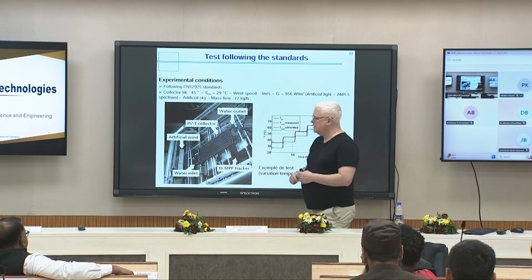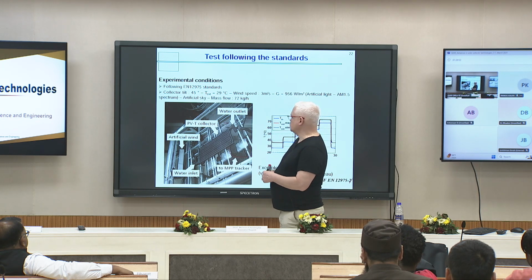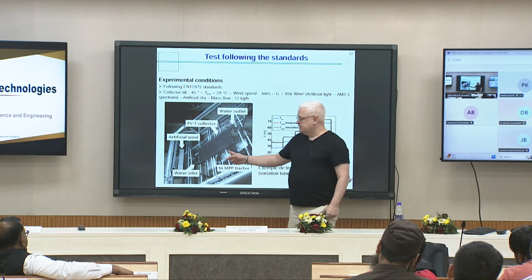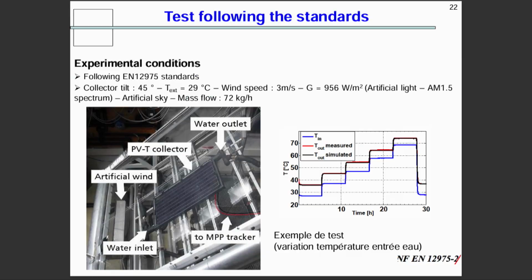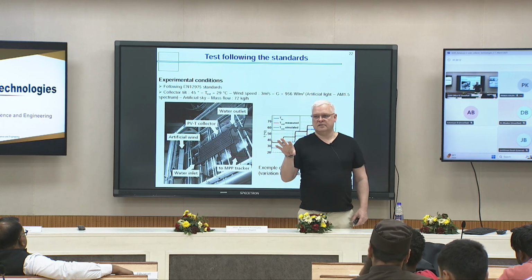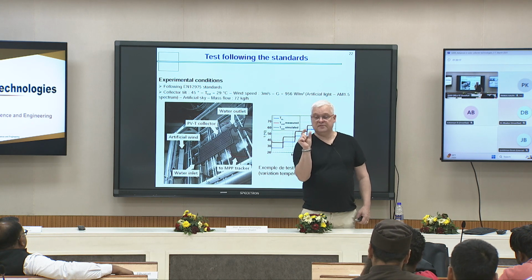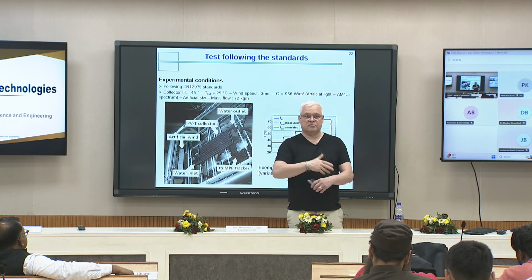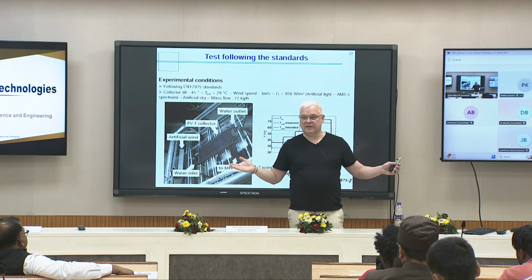One important thing, it's a pity that I can't write. In this kind of bench, it is artificial light, okay, that generates artificial solar. The quality of the light is not really important, because compared to a PV, where it's very important because PV converts around one wavelength, solar thermal takes everything, okay?